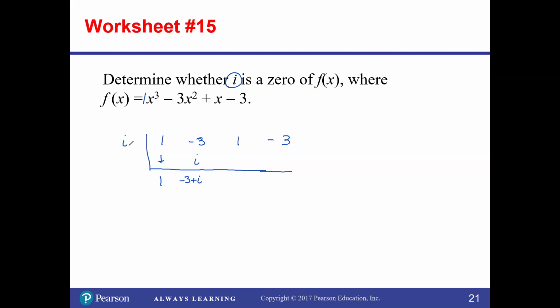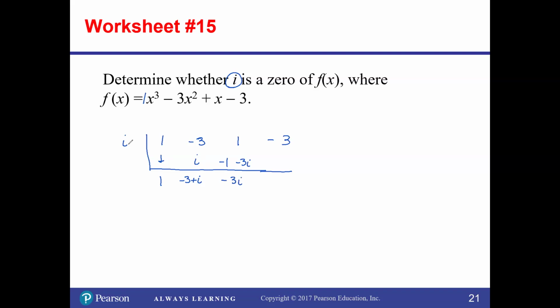So we're going to multiply that by i. So negative 3 times i is going to give me negative 3i. i times i is negative 1. So that changes it to negative 1 minus 3i. Well, if we add that to 1, that's going to leave me with just negative 3i.